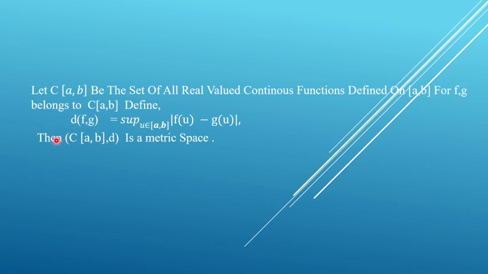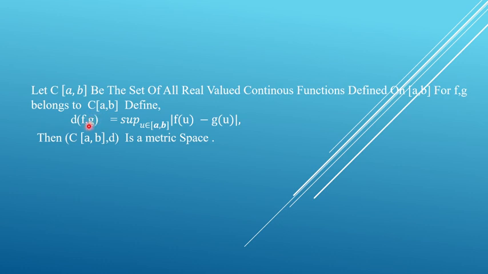Now in this example, if I'm supposed to choose a new space, let us suppose I have a space C[a, b], which is a space of real valued continuous functions defined on [a, b]. Now whatever functions I take from this space, say I'm taking two functions f and g which belong to this C[a, b], I'm defining a function.